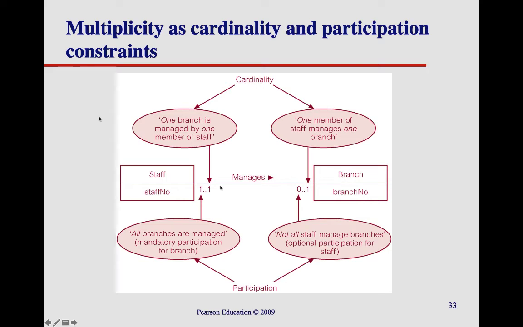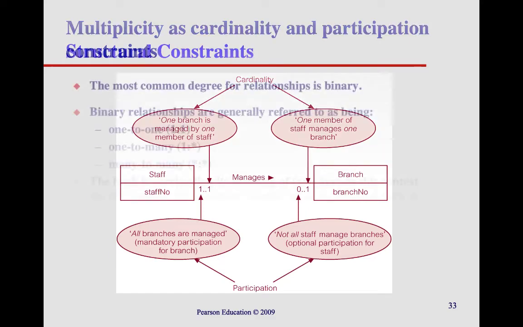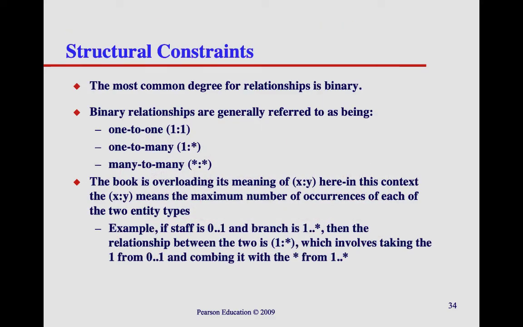A branch is managed by a minimum of 1 and a maximum of 1, meaning all branches must be managed by exactly 1 person. If we have an unlimited number, then we say star.